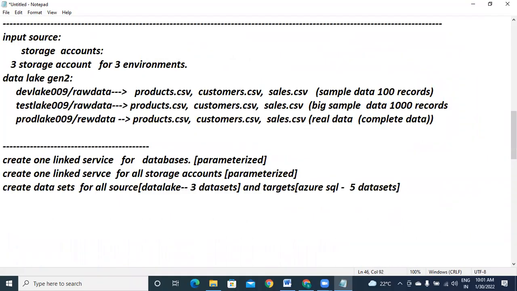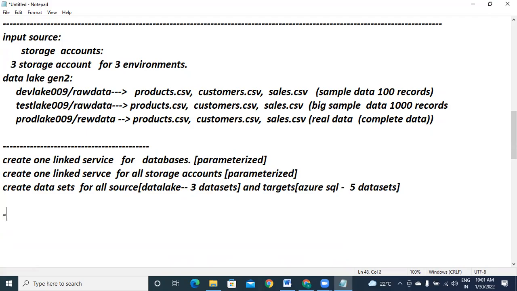Understood all of you? For each table, one separate data set. But these are the 5 data sets to be used in all the environments: dev environment, test environment, and production environment. To make our work simple, I have taken only 3 environments, but in real environments, you will be seeing more than 3 environments.